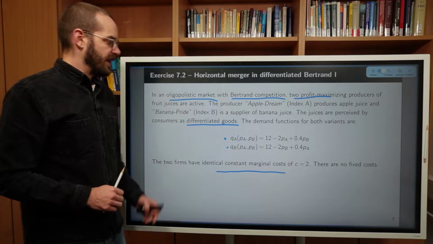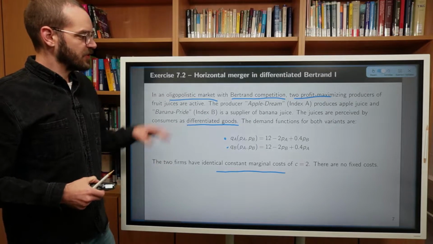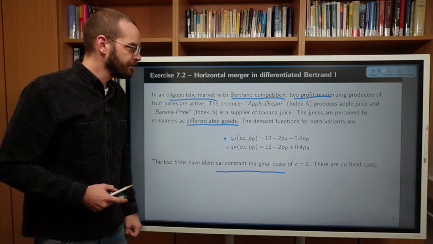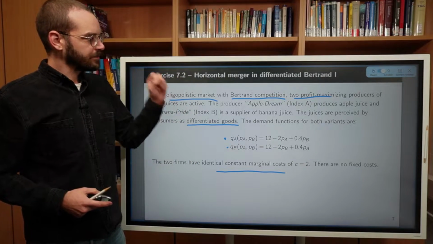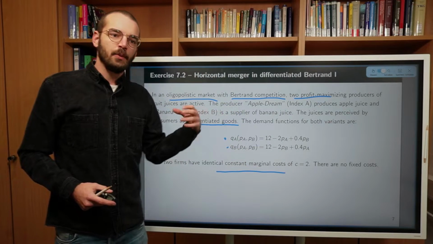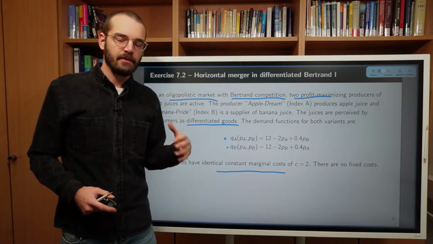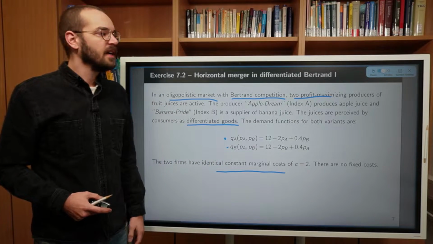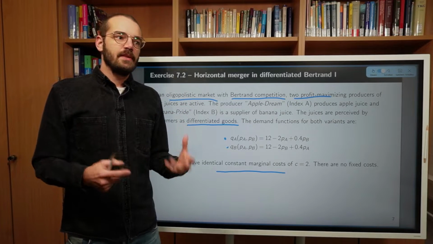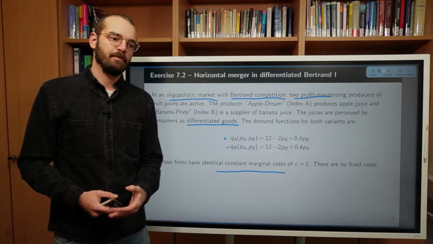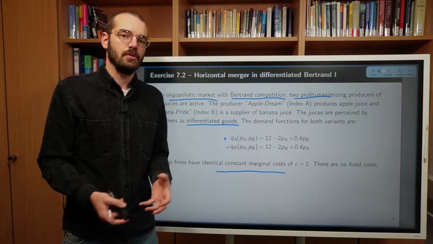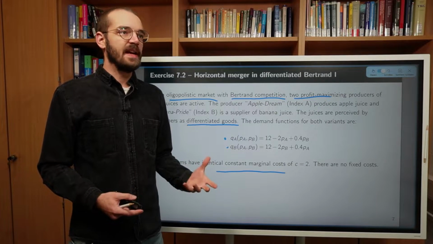So, alright, let's take a step back for a second and just think about what we see right here on this slide already. As I said earlier, we are familiar with the Bertrand competition model, right? We talked about the Bertrand competition model several times over the last few weeks. However, until now, we always assumed that there is a homogeneous good in the market, and this had some very crucial implications.